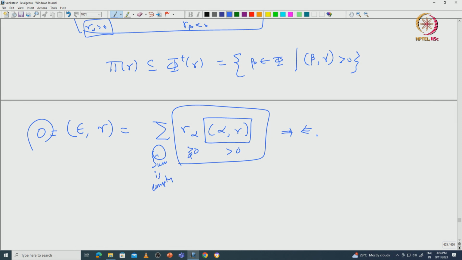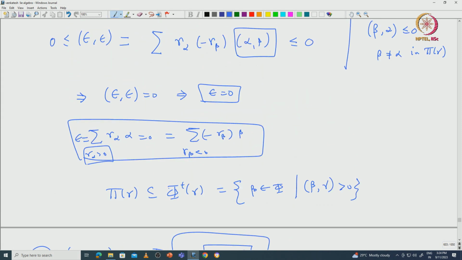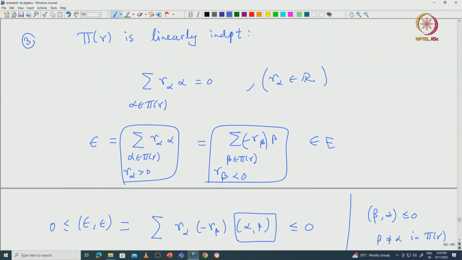So, there is no r alpha such that r alpha is positive. Similarly, you can conclude there is no r beta such that r beta is negative. That means the assumption that the summation of r alpha alpha is 0 is not true.